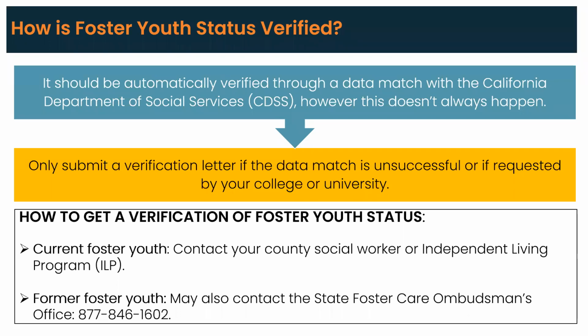And to get that letter, they would contact either their county social worker or independent living program if they're a current foster youth, or they would contact the state foster care ombudsman's office if they're a former foster youth. And I have that number listed on the slide. So again, if you're not totally sure if your student qualifies, you can always call the state foster care ombudsman's office as well.